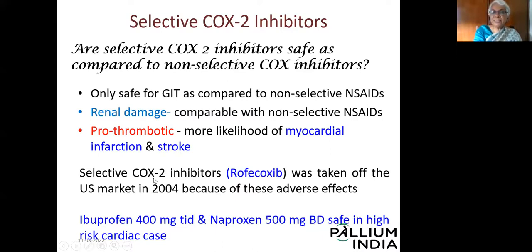And it was because of this that the selective COX-2 inhibitor rofecoxib was taken off the US market in 2004 because of the incidence of myocardial infarction and stroke. And in such patients who have these risk factors, the drug of choice, if you want to give NSAIDs, would be ibuprofen and naproxen.